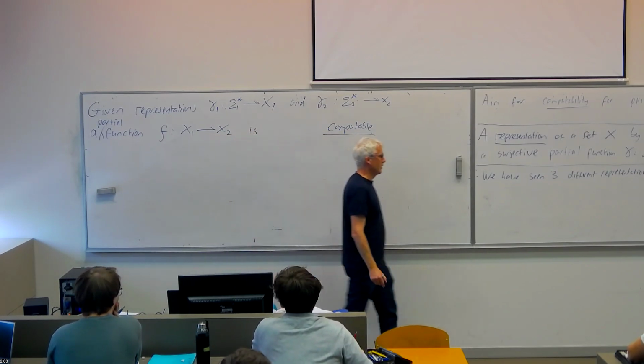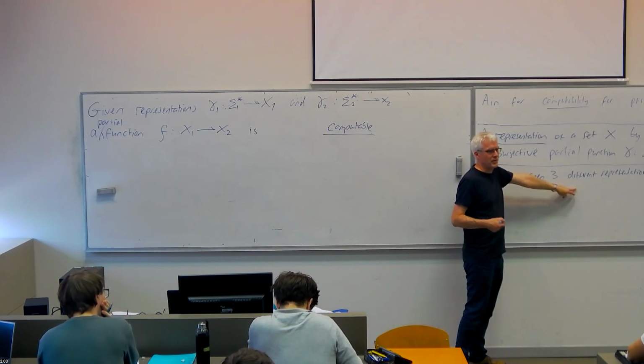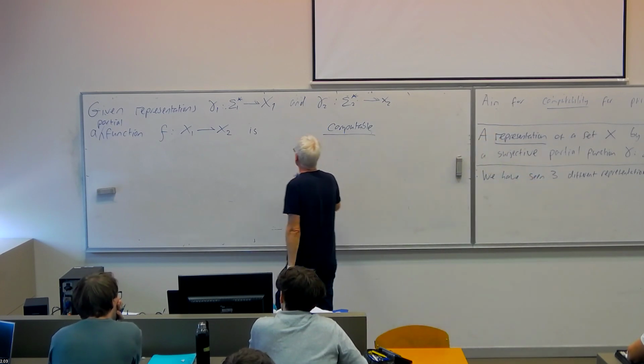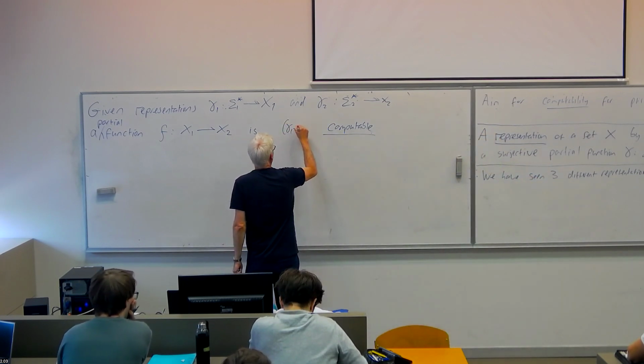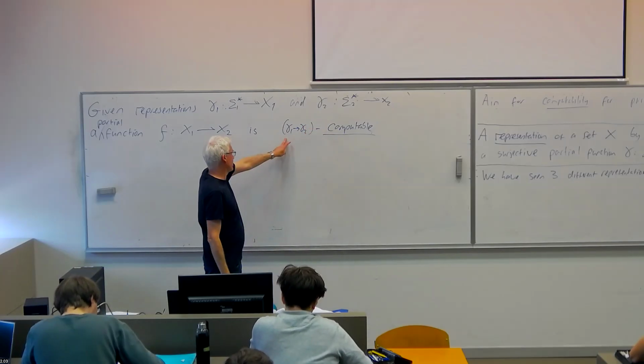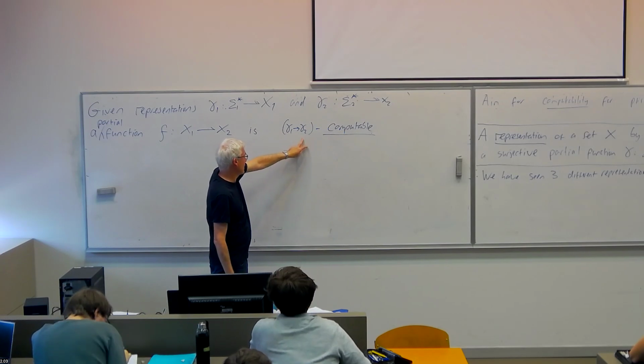We've already seen three different representations for the natural numbers. So the notion of computability is really relative to the representation. So I'm going to say it's gamma 1 to gamma 2 computable, meaning computable as a function from the representation gamma 1 to the representation gamma 2.